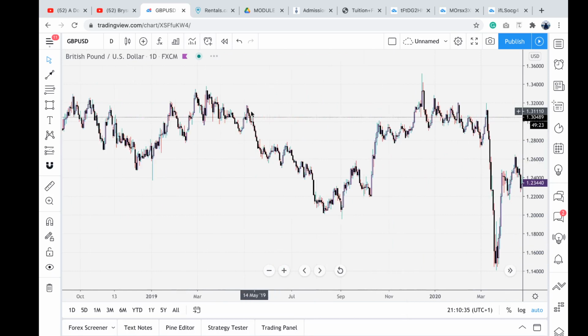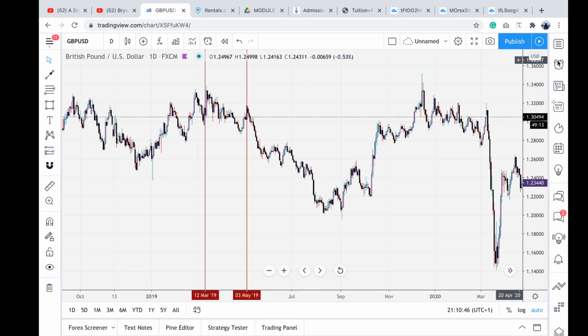Okay, so let's look at between March and May 2019. 12th of March to 3rd of May. So we're seeing British pound US dollar make lower highs.